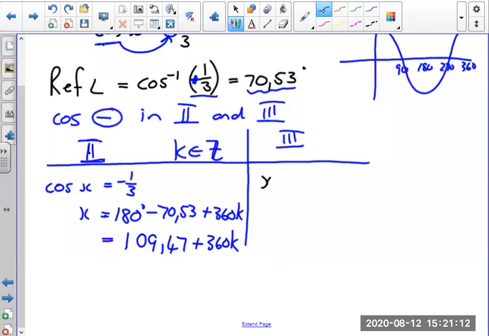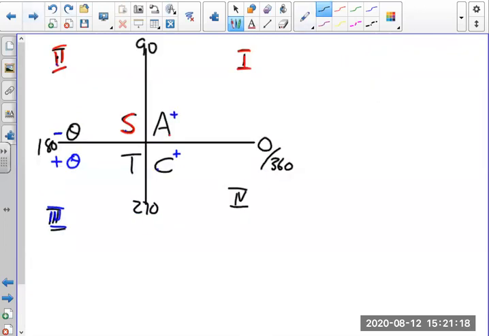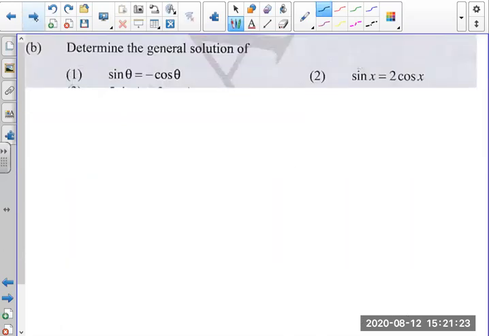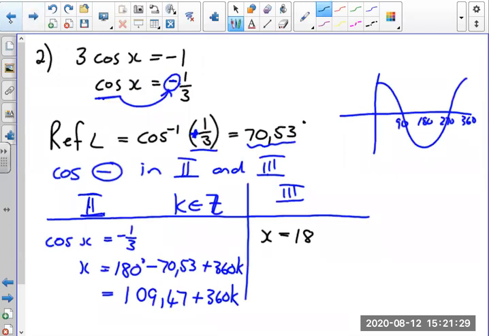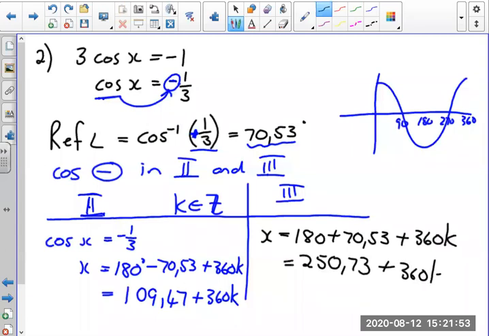I say to get some angle in the third quadrant, I have to say 180 plus my reference angle. So now, where's my sum now? So I say 180 plus the reference angle plus 360k because I'm working with cos and the period is 360, and that will give me 250,53 plus 360k.